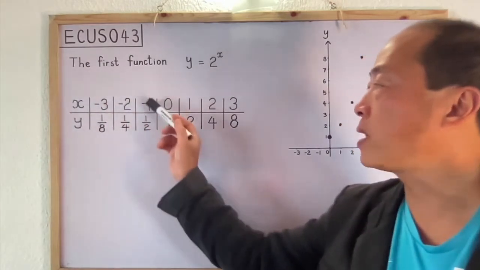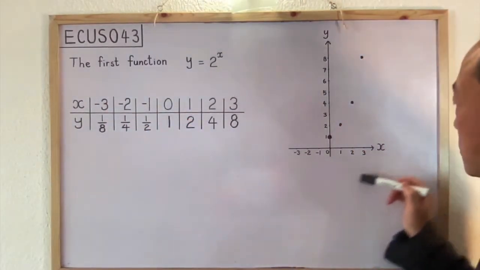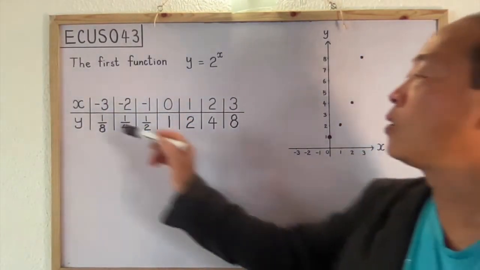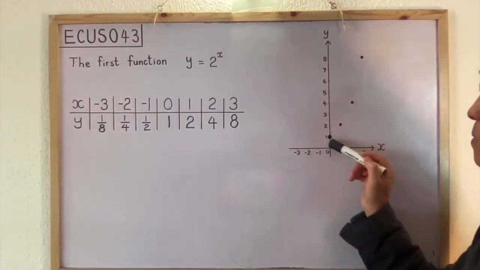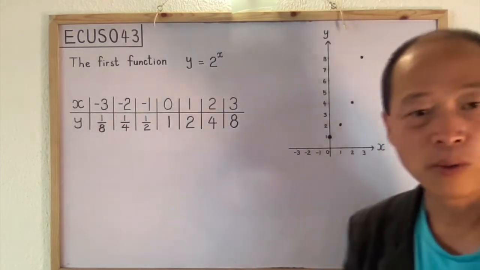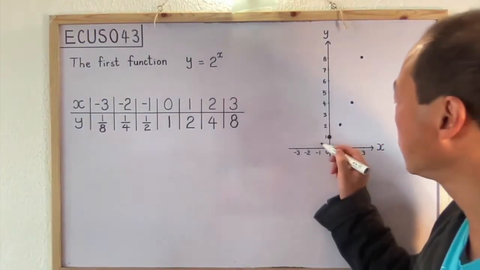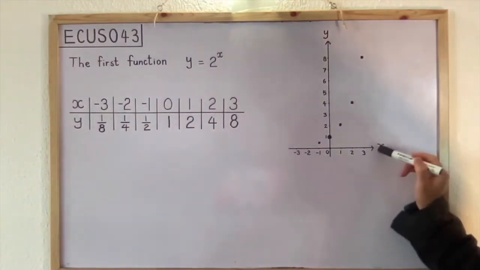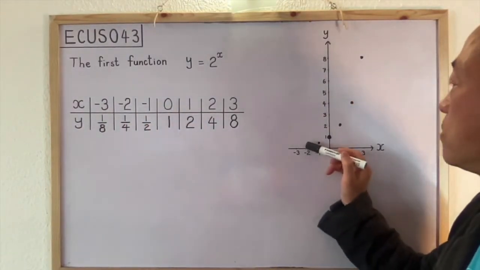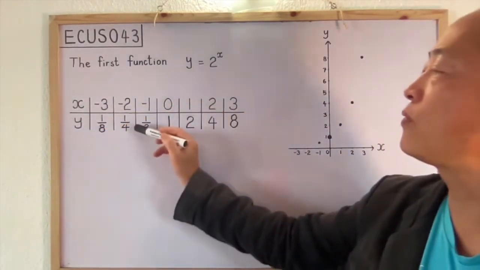When x is minus 1, y is 1 over 2. We have this point. When x is minus 2, y is 1 over 4.